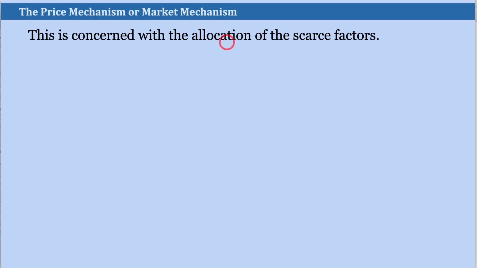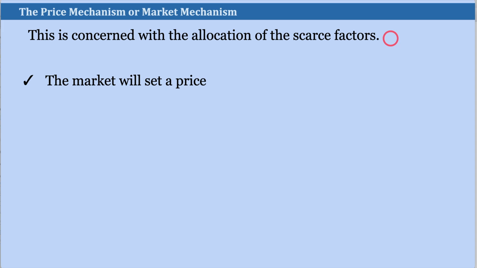Will therefore say we're using up the factors of production in this market. So that's quite important, that you see that it's concerned with the allocation. If you don't want the market to allocate, then the government have got to allocate, and you might already have come across the concept of a command economy.